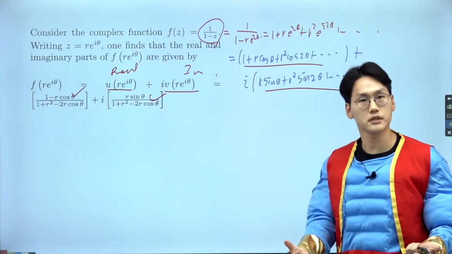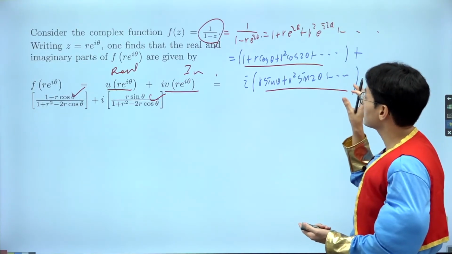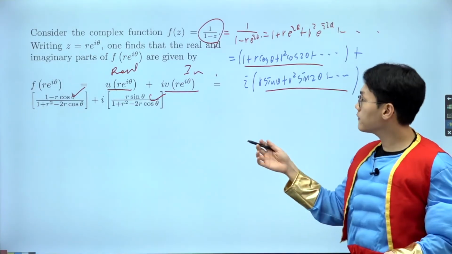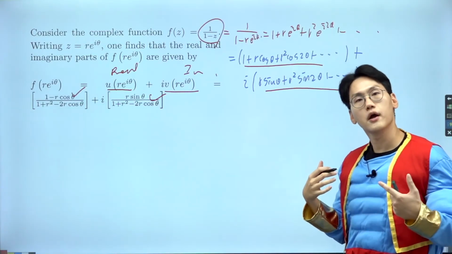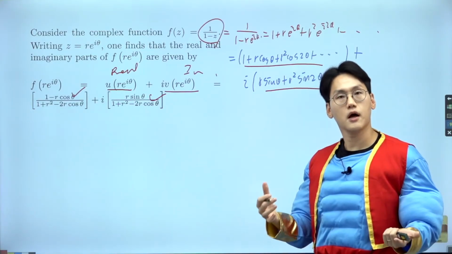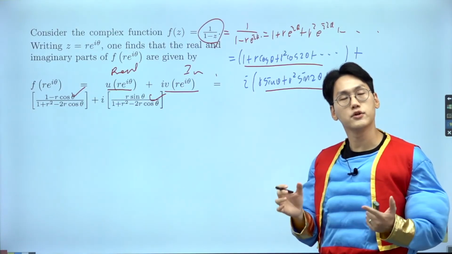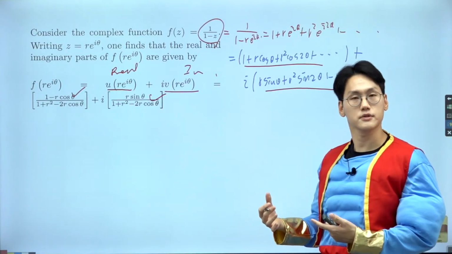It's called the Maclaurin series, or Taylor series, depending on the center. And the sum of sines, we just mentioned, has something to do with the Fourier series. Therefore, this geometric series could give you two different aspects. Whether you fix r or θ, you get either the Fourier series or the Maclaurin or Taylor series.